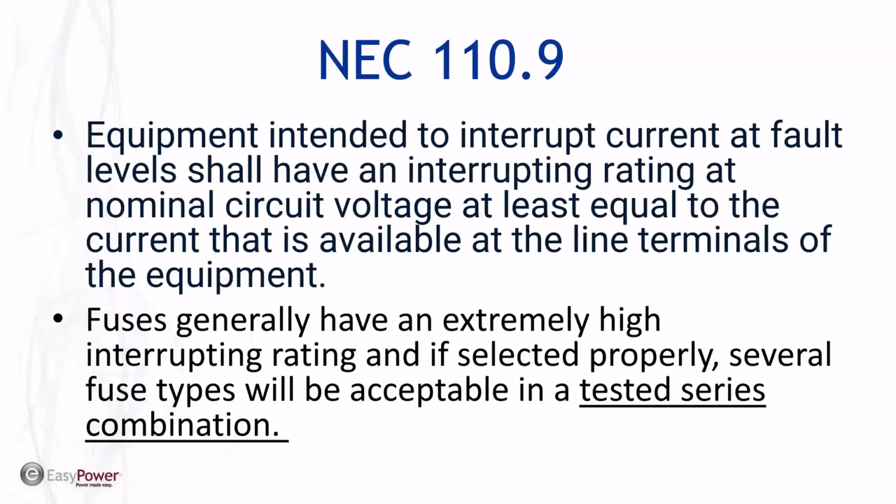That's a term that we're going to be bringing up several times, the fact that when we're talking about combining for series rating or for arc flash from different manufacturers or even the same manufacturer, the combination needs to be tested before you can accept the simulated result. Hopefully I'll explain that as we get into this.